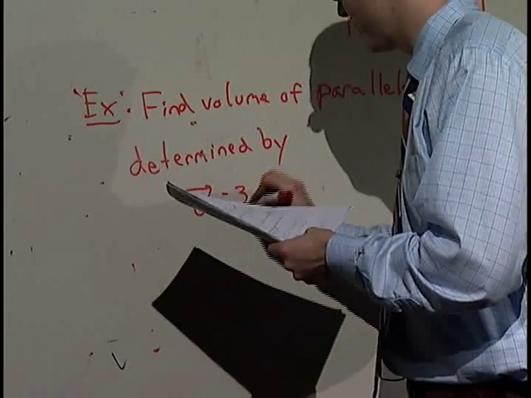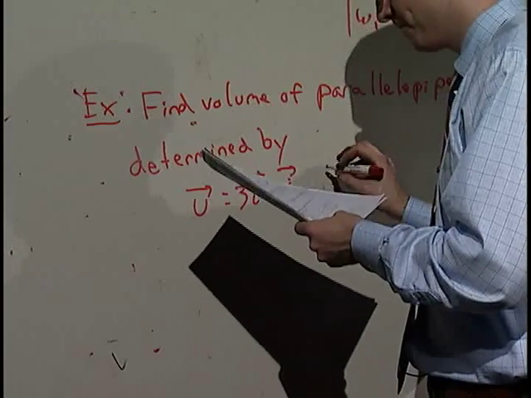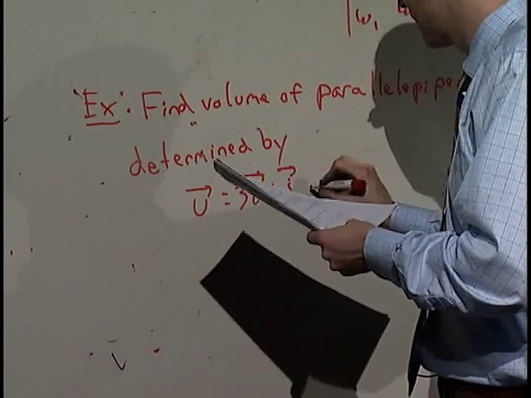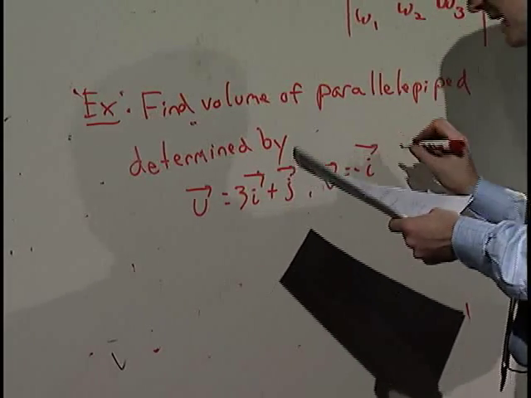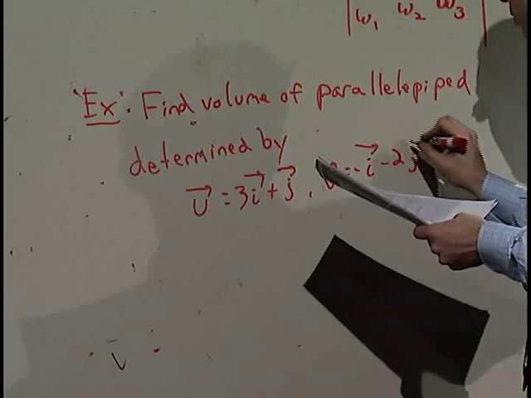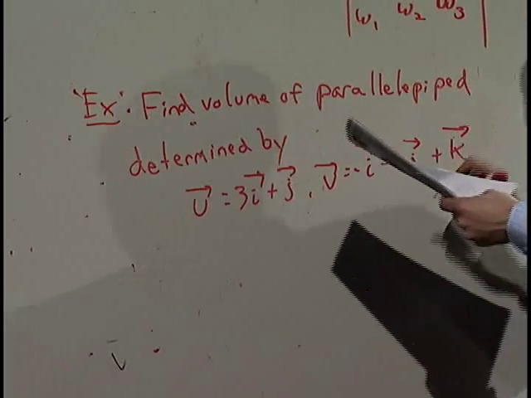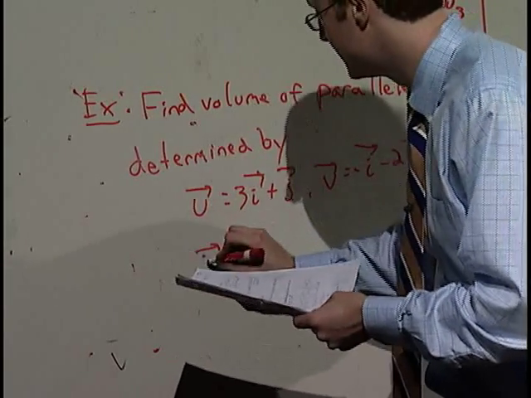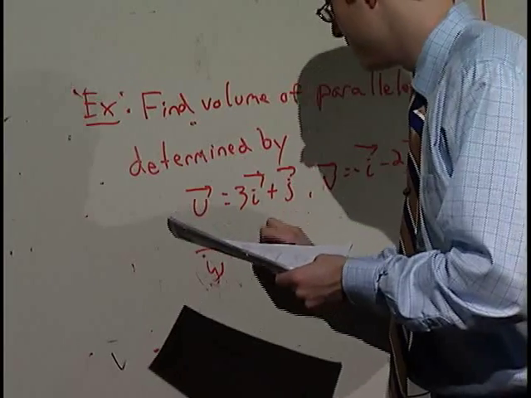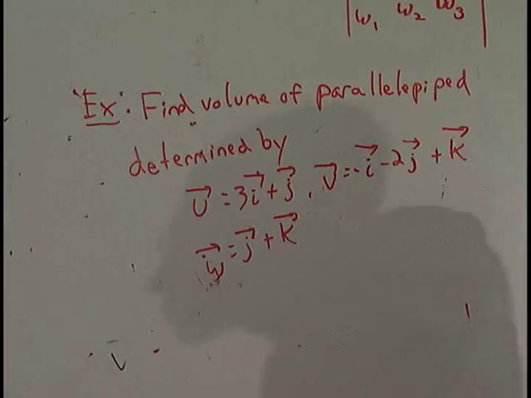U is equal to 3I plus J. V is equal to negative I minus 2J plus K. And W is equal to J plus K. Okay?